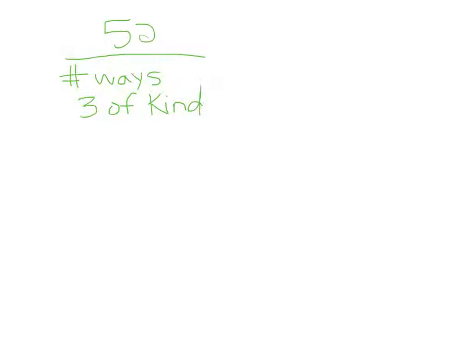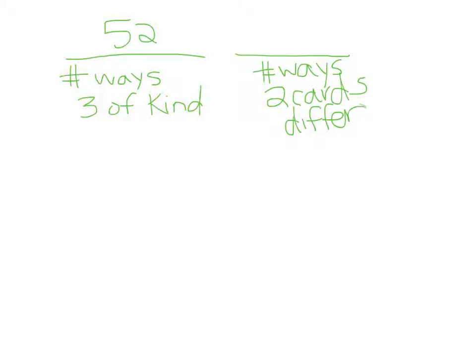So we've just decided that the number of ways to get a 3-of-a-kind is 52, and the number of ways to fill the last 2 cards with different face values, so they can't be the same number, is 1,056.